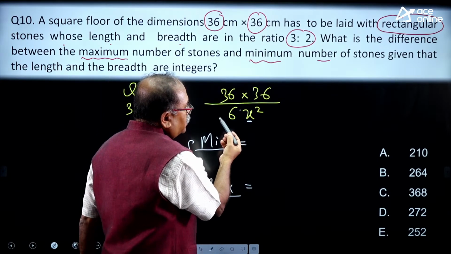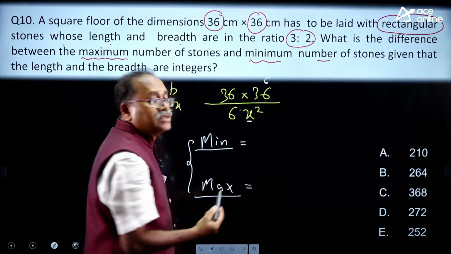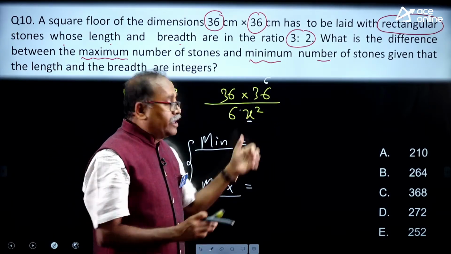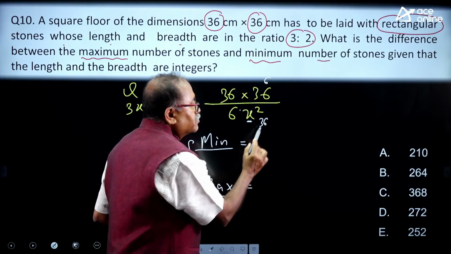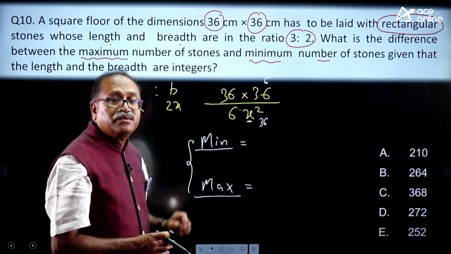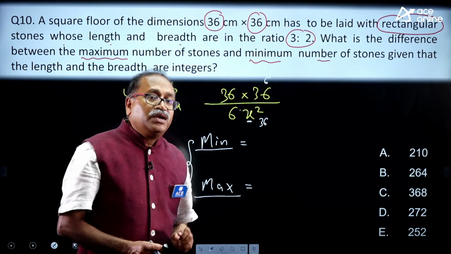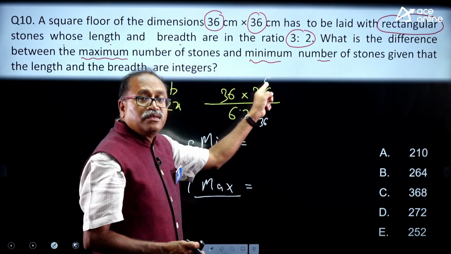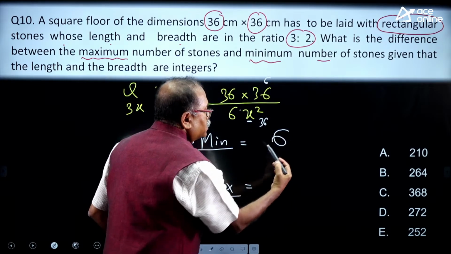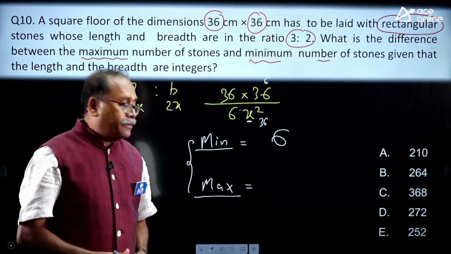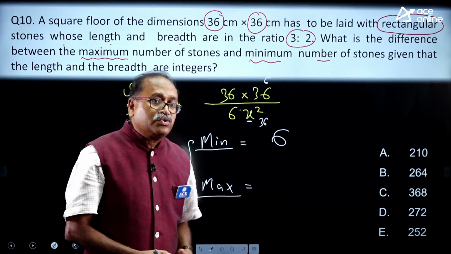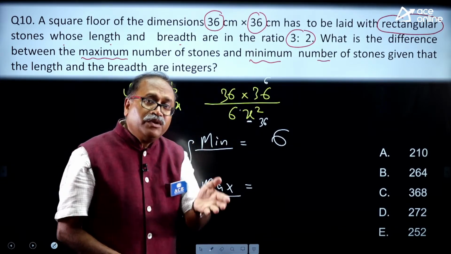This 36 gets cancelled with 6, and if I take x as 6, then x square will become 36. So 36 will get cancelled. What is the minimum number of stones required? That will be 6. Now I have to find out the maximum number of stones, so make the x value minimum.